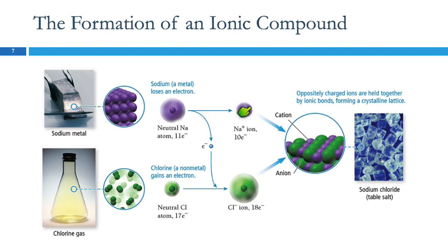When that happens, we get a sodium plus cation and a chloride minus anion. And we learned how to predict the charges for these two elements in chapter 2. Now we have positive and negative, and they're going to attract each other. And they're going to stick together in a way that maximizes the attraction between opposite particles and minimizes the repulsion between same charged ions.